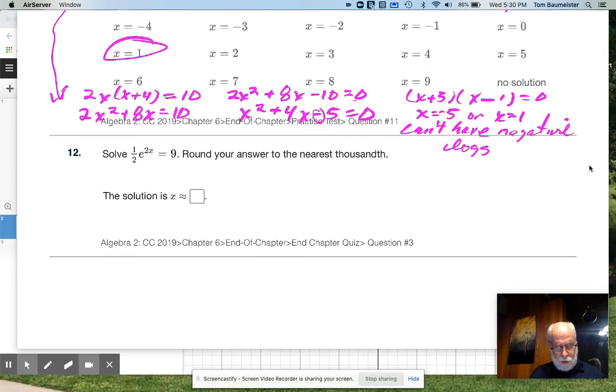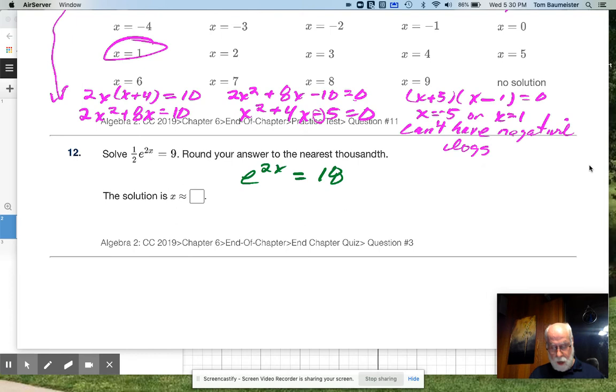On this one here, again, remember your goal is to get the x by itself. So the first thing you're going to do is multiply each side by 2. So we'll get e to the 2x is equal to 9 times 2, or 18.